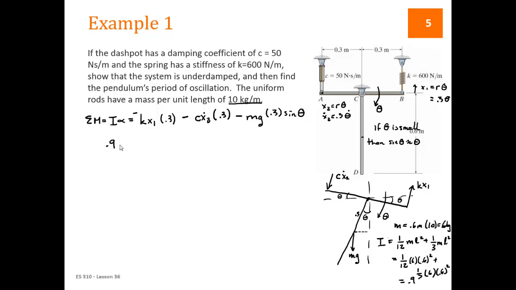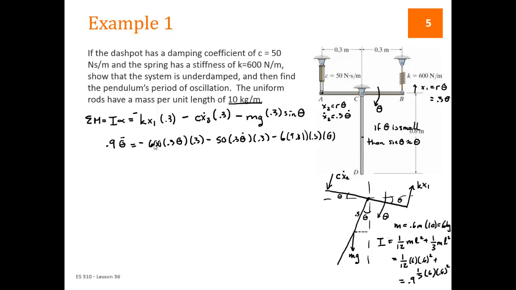We've got 0.9 times alpha, which is theta double dot, is equal to negative k, which is 600, times 0.3 theta, which is x1, times 0.3, minus c, which is 50, times 0.3 theta dot times 0.3, minus m of just the bottom rod, so that is 6 times 9.81 times 0.3 times theta.